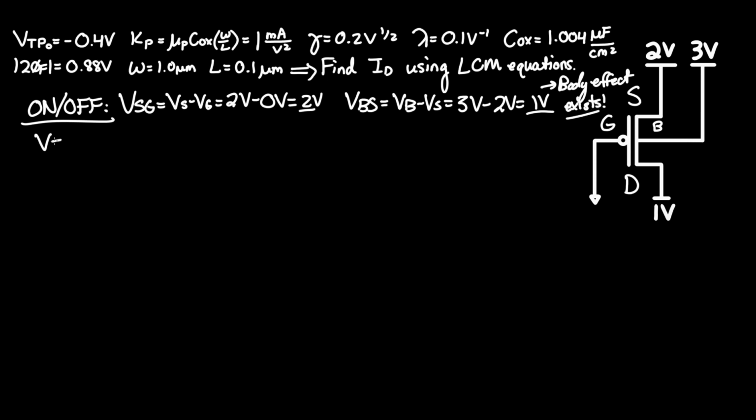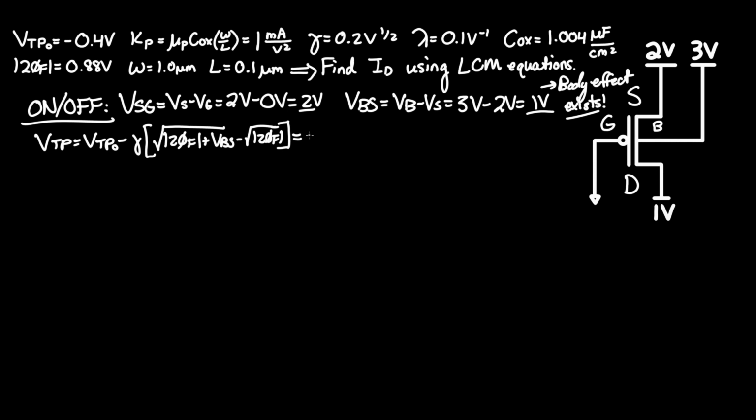Now to find the adjusted VTP, that equals VTP0 minus gamma times parentheses square root of absolute value 2 phi f plus VBS minus the square root of absolute value 2 phi f again.